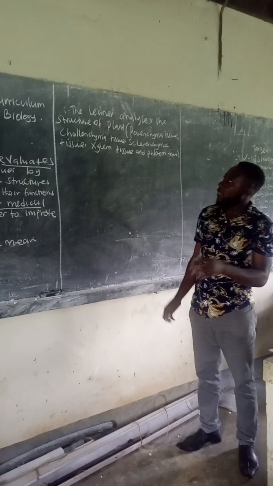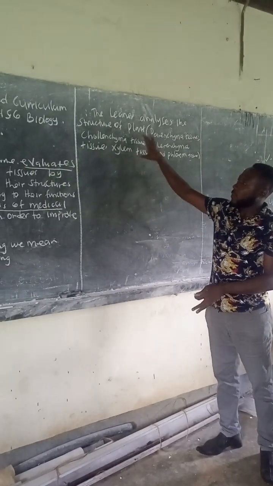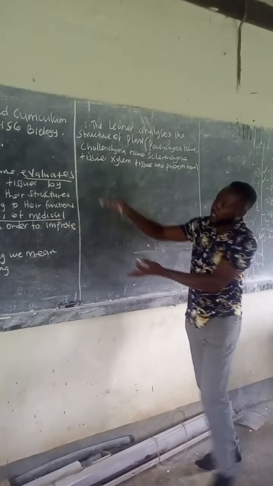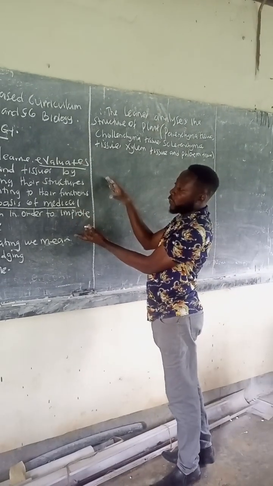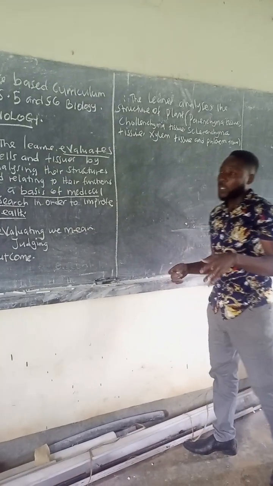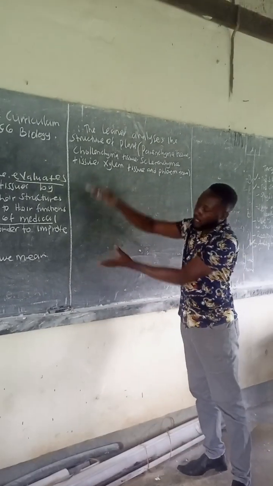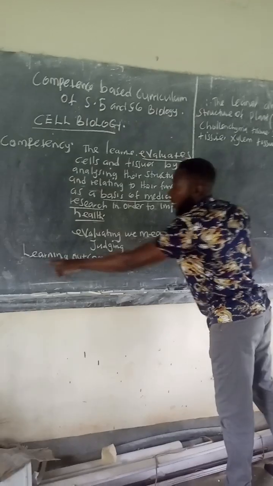This is what is supposed to be studied in plants as far as cell biology is concerned. We saw that the competence is too large to be achieved in one topic, in one lesson or two, so we had to break it into what we call learning outcomes.